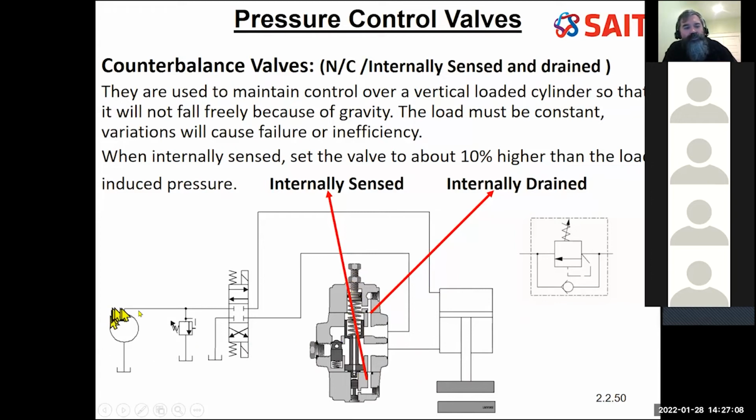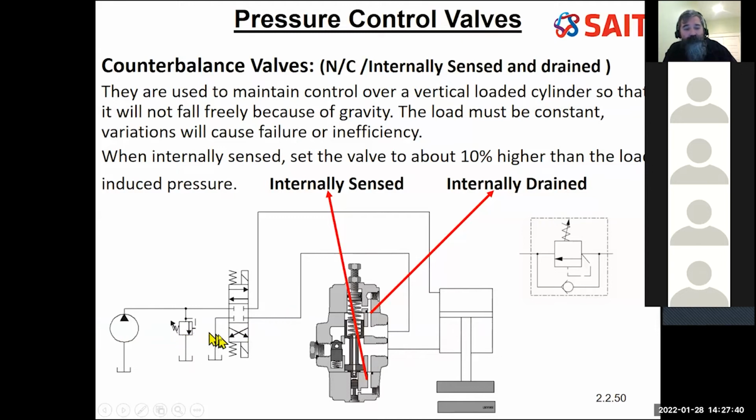But as soon as I try to push this down, I get fluid coming into the top. I'm getting pressure, flow against an area. I'm getting extra force in addition to this at the bottom, creating extra force at the bottom here. This area is under pressure, creating a total force that now exceeds the force of the spring, allowing this valve to open, allowing this to be pushed down.